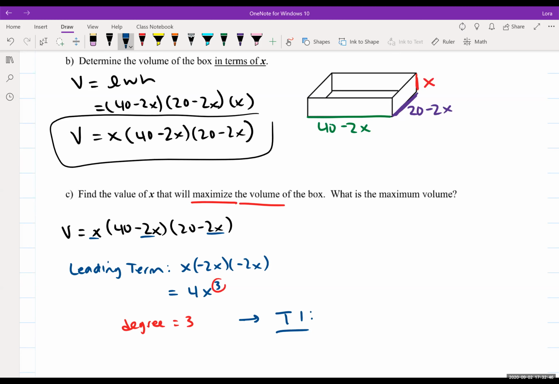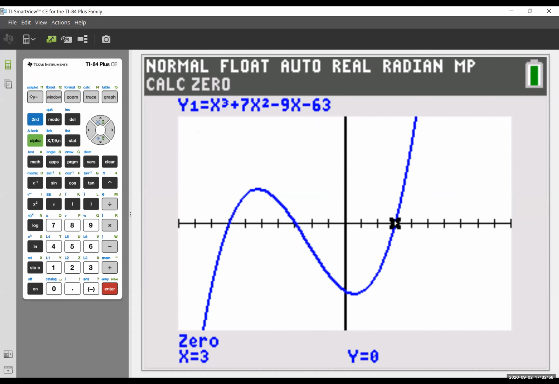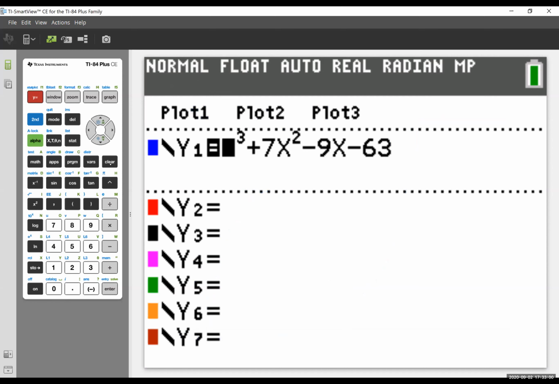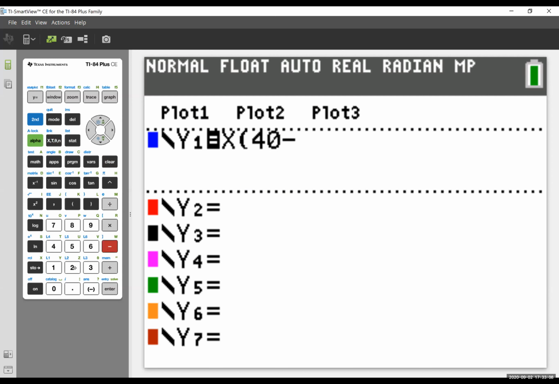So we'll go back and enter our volume in to interpret the graphs. We'll switch over to our TI view, and I'll erase what I previously had. And my volume formula, I believe, is x times 40 minus 2x times 20 minus 2x.